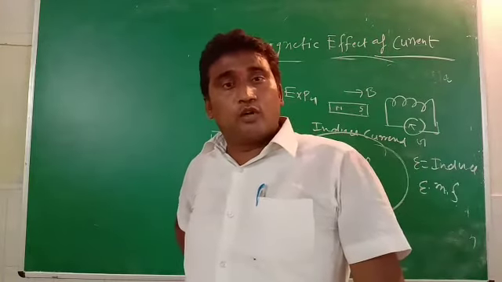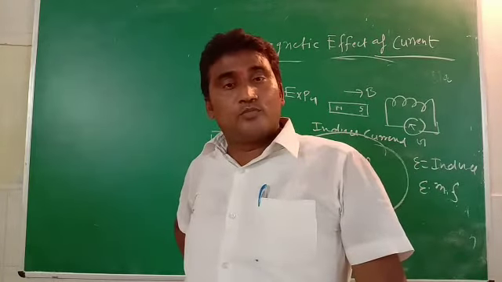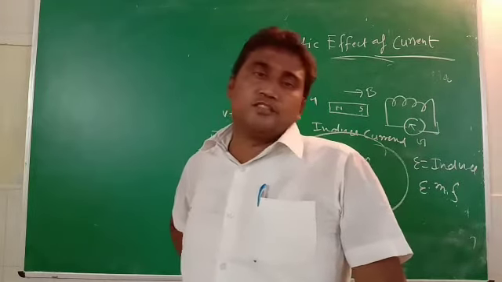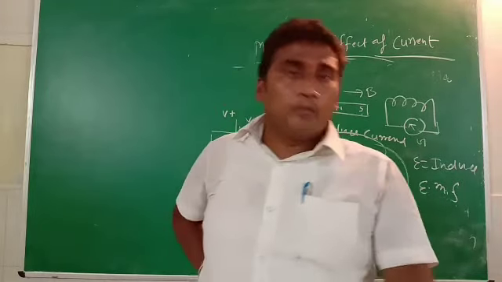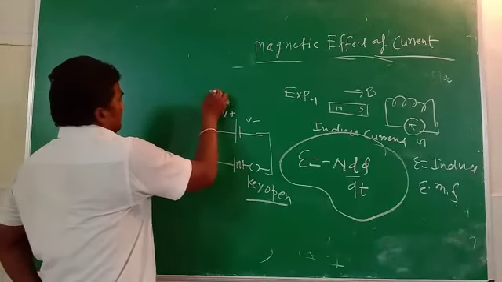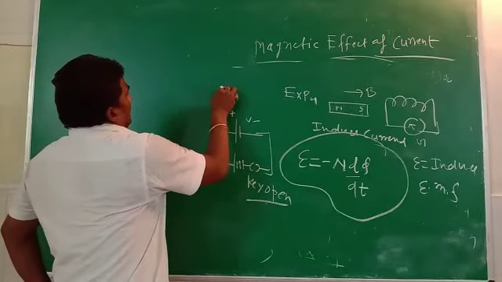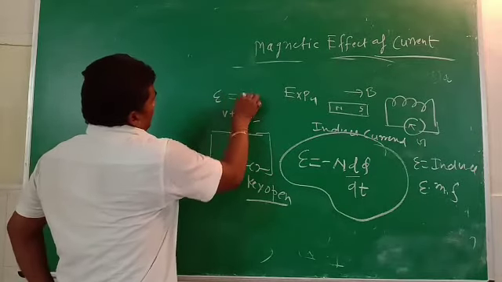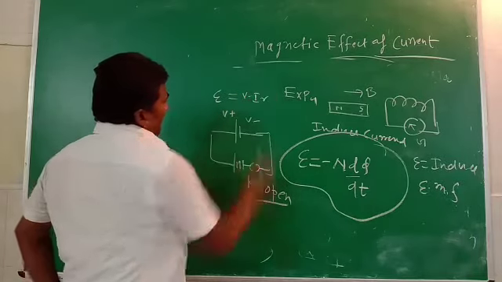When the key is closed and the potential difference is developed between the positive and negative plate of the cell, that is known as terminal voltage, and it is mathematically represented by E is equal to V minus I.